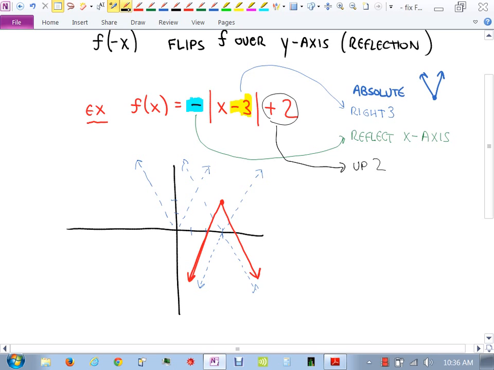Now I'd like to show you something on the side here. If you had taken your V and gone to the right 3, like we were supposed to, and then moved up 2, like this, and then reflected, it would be wrong. Here's why.